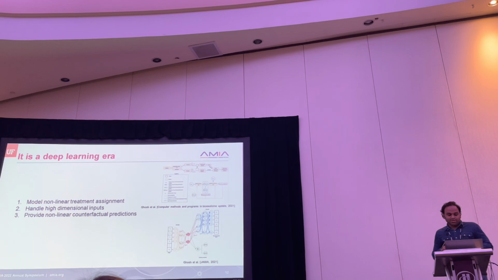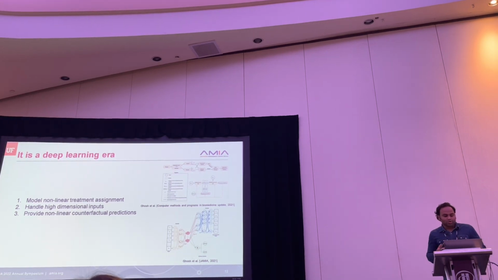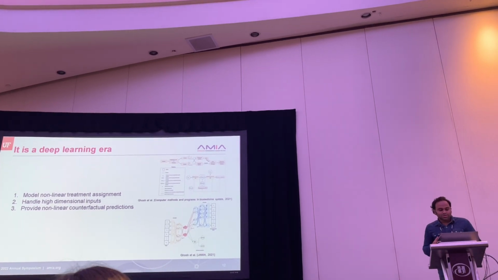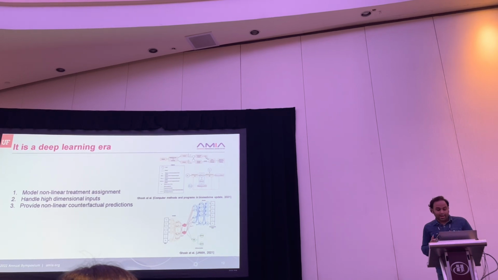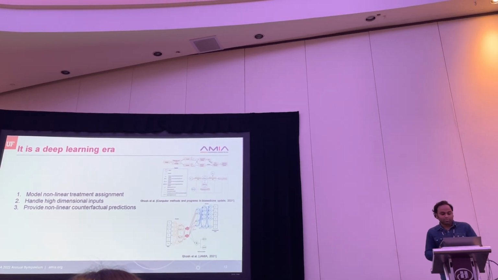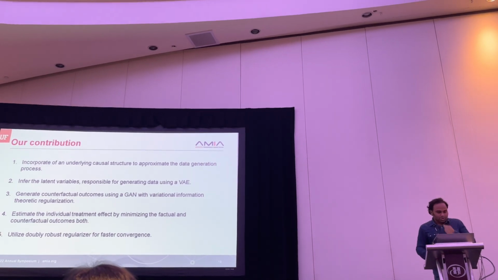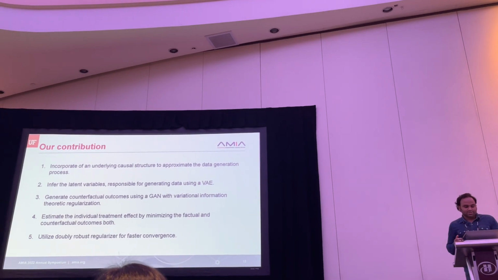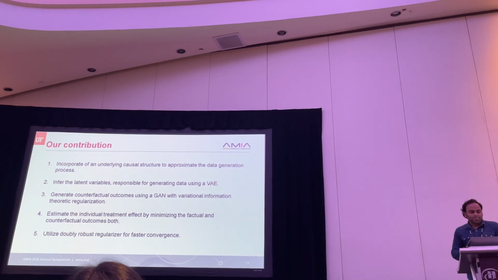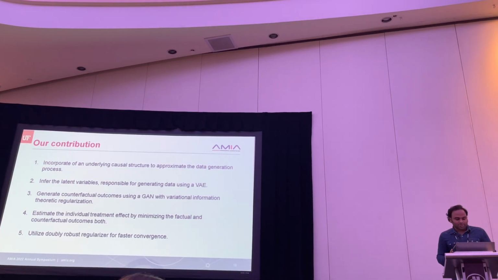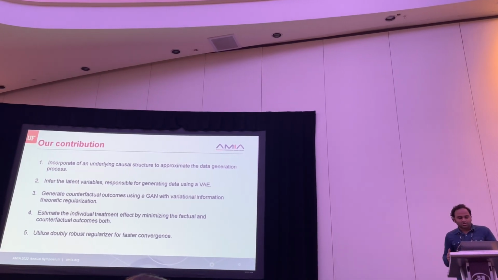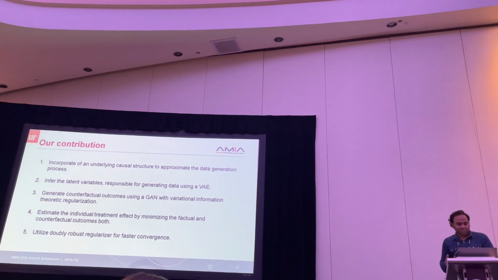We are also living in the deep learning era, where our goal is to model the nonlinear treatment assignment, handle high dimensional inputs, and provide nonlinear counterfactual predictions. In this regard, we want to present our contributions in this project. First, we incorporate an underlying causal structure to approximate the data generation process.